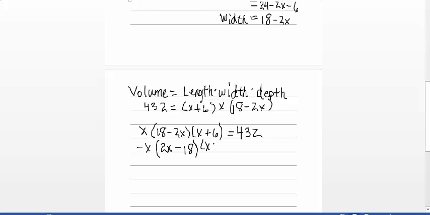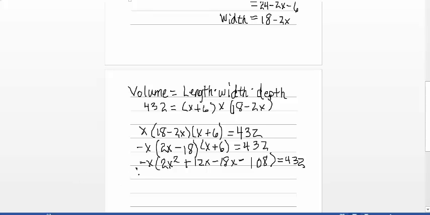Let's factor out a negative so that we get negative x times 2x minus 18 times x plus 6 equals 432. When we factor a negative out, the subtraction changes, we reverse the terms. And that's what we've done there.